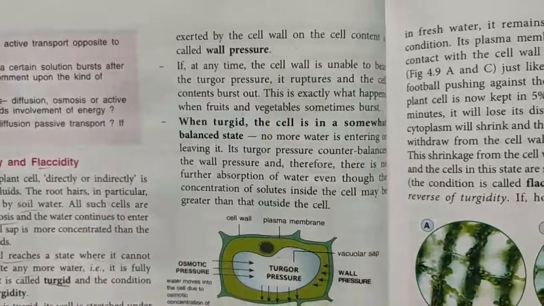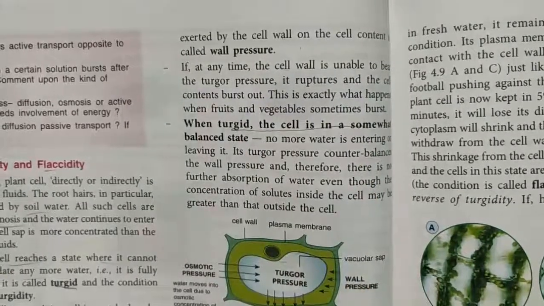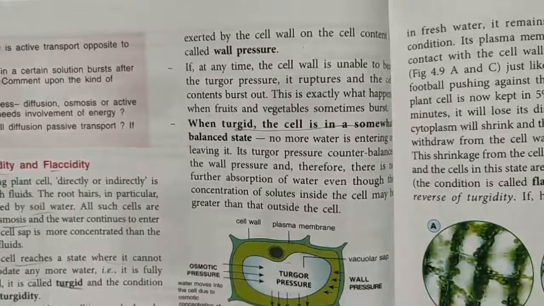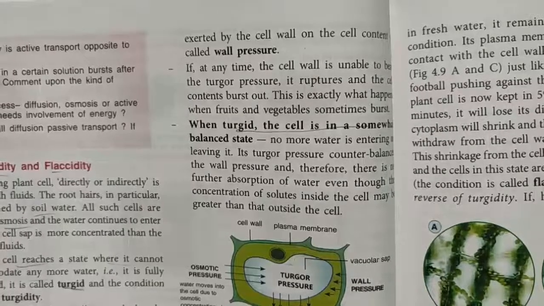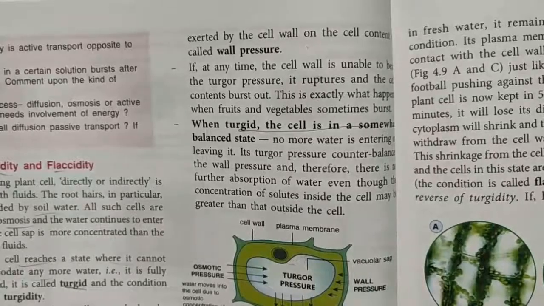And we can say that whenever a cell is turgid, this state is known as the balanced state, because here no more water can come inside the cell, and no more water or content of the cell can go outside to the environment. So this condition is known as the balanced state.